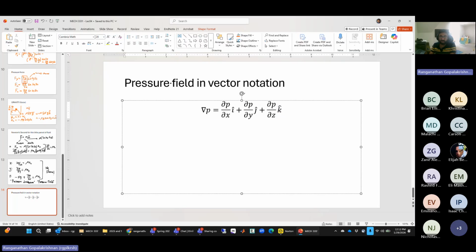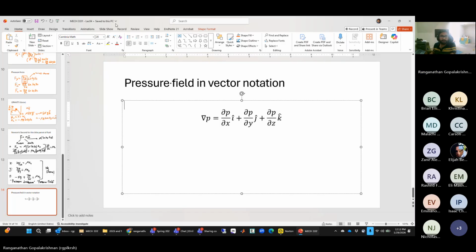This quantity is called the pressure gradient, which is a vector.